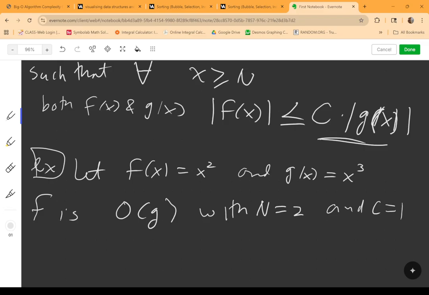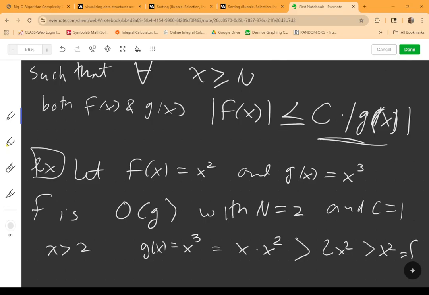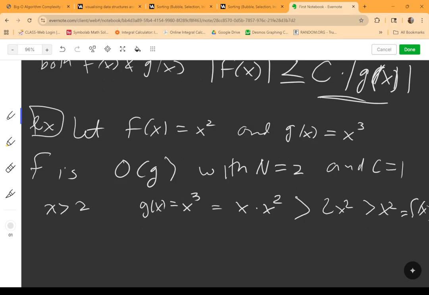So for x greater than 2, we can see that g of x is equal to x cubed, which is x times x squared, so that's going to be greater than 2x squared, which is greater than x squared, our f of x. So we can see that our function f of x is less than g of x with some constant, in this case 2.